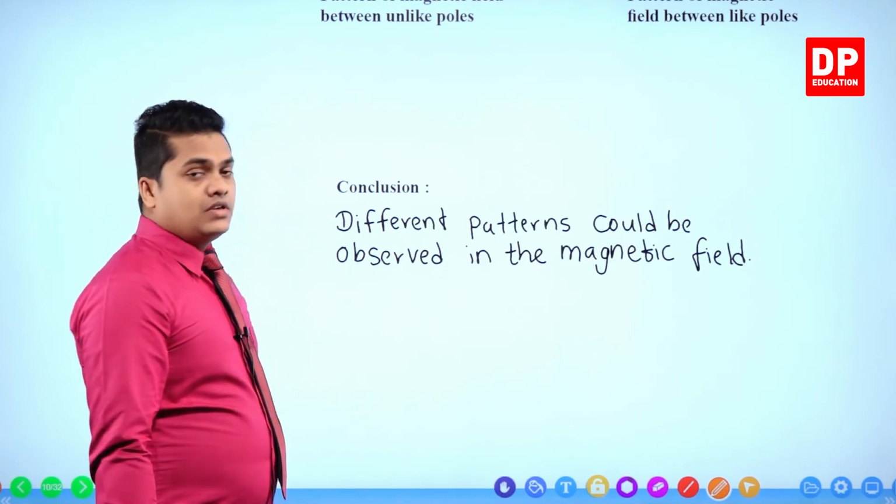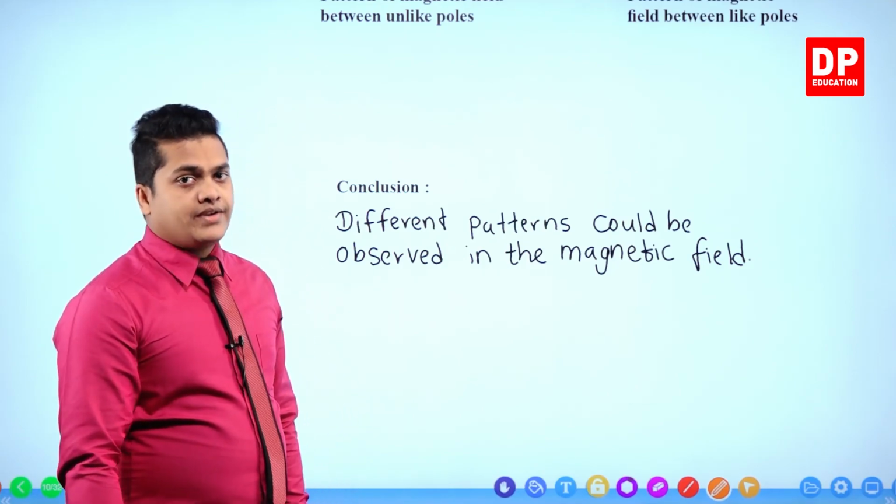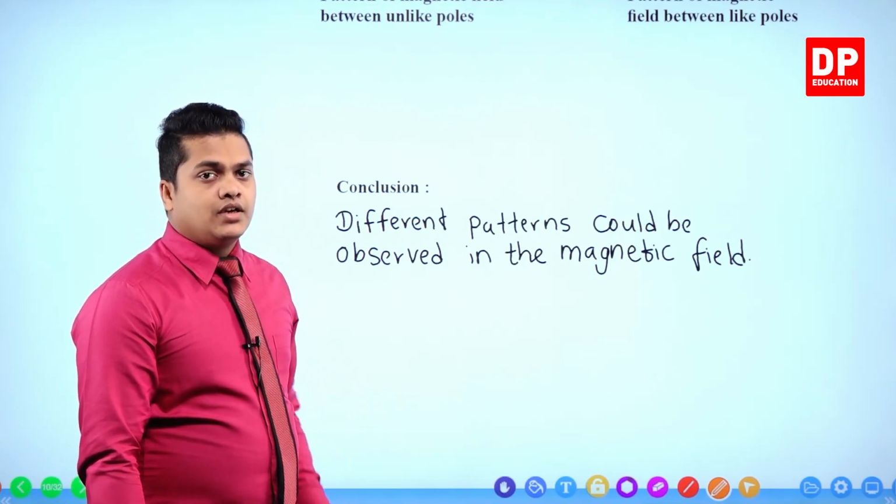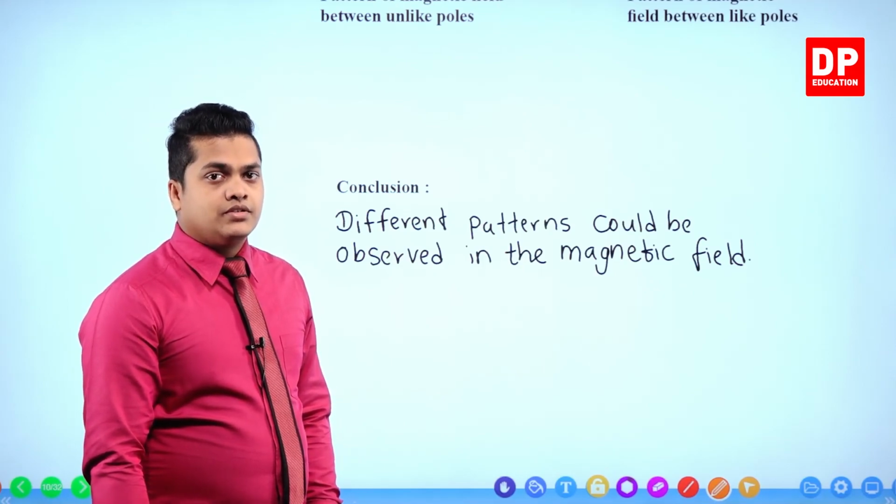So we can observe different patterns around the magnetic field according to our experiment, right?